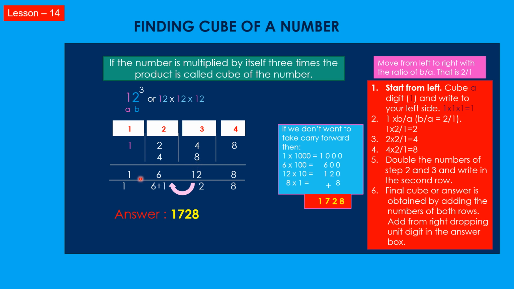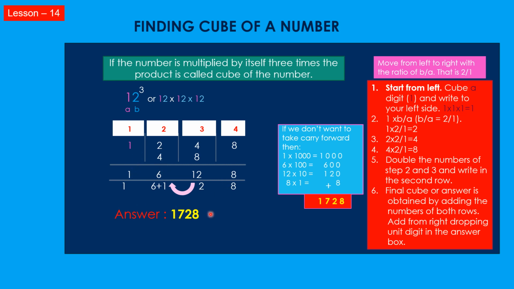The final answer is obtained by adding the numbers of both rows. So add the numbers together. Here 8, there's nothing to add, so write 8. 8 plus 4 is 12, 4 plus 2 is 6, and then 1.